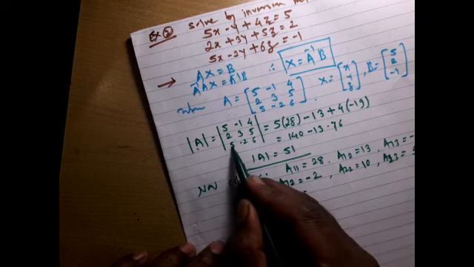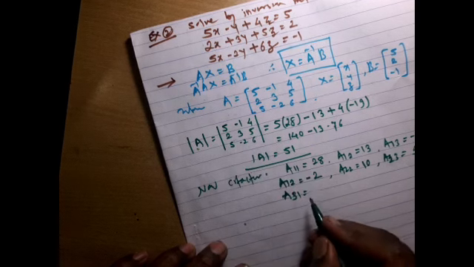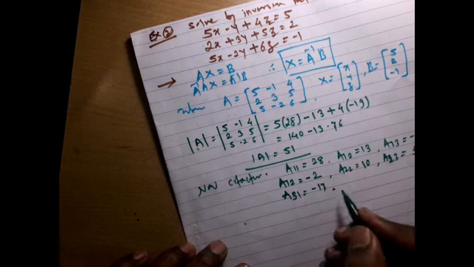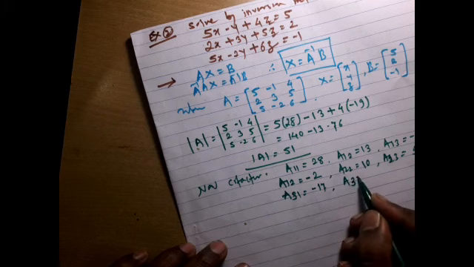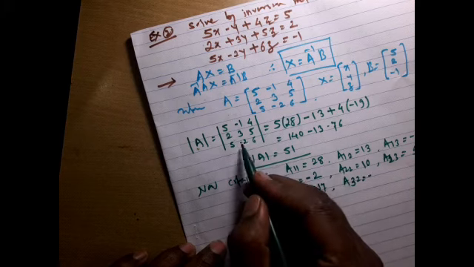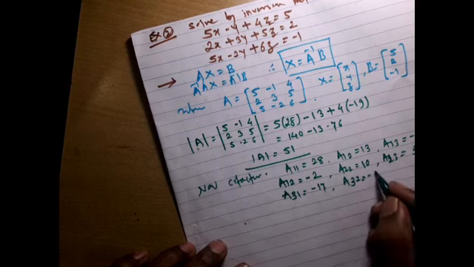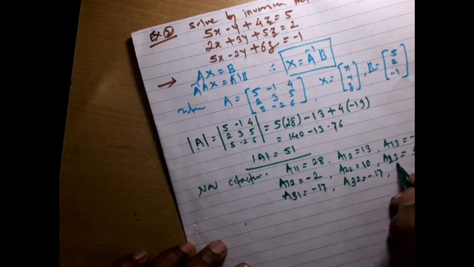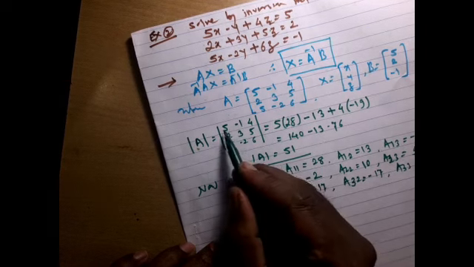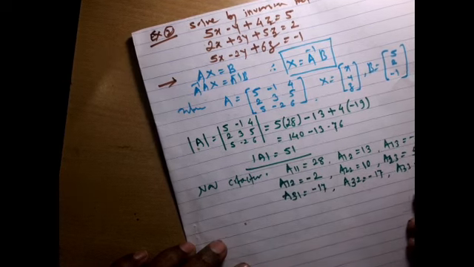A31, this element, minus 5 minus 12, minus 17. A32 is minus sign, but this element 25 minus 8 is 17, that is minus 17. And A33, this element 15 plus 2, 17.